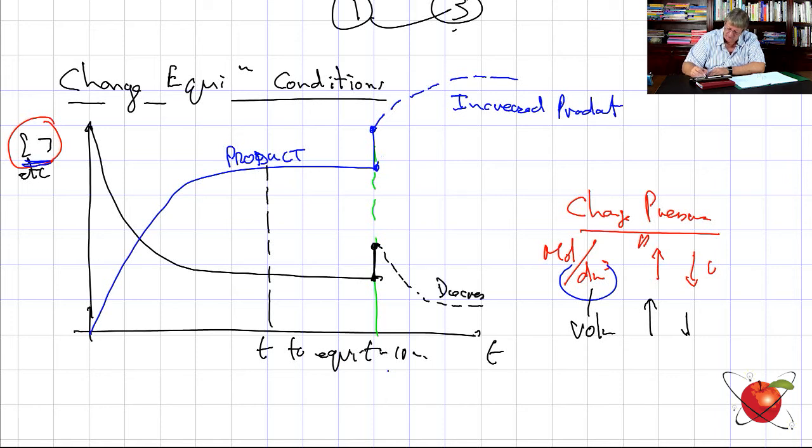And I decreased it, which means I used that, which means I favored the forward reaction. Increased product, making product means it's going that way. So if I make product, I favor the forward reaction.